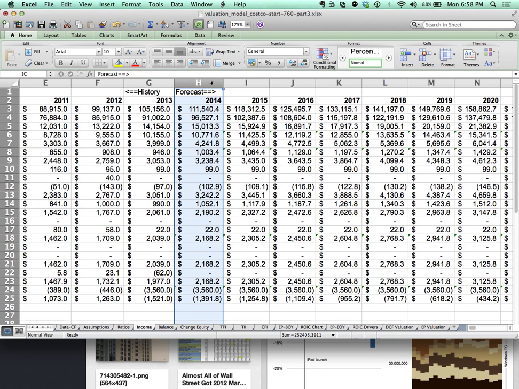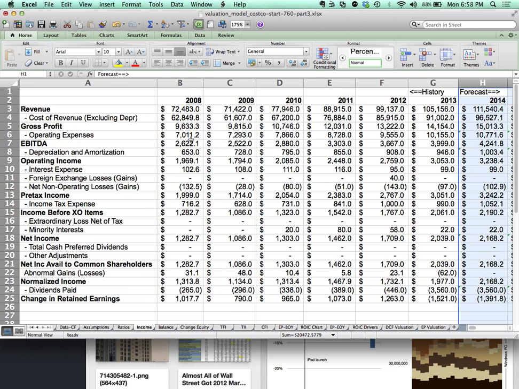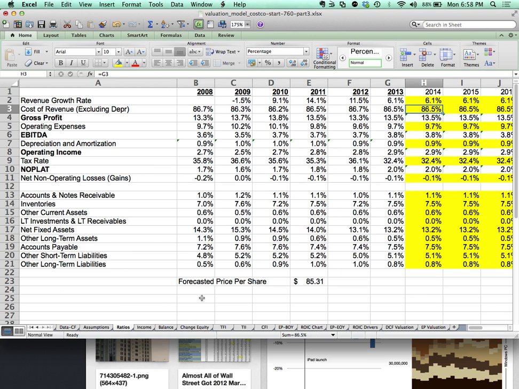And I told you for the first 2 years, we want to match the consensus estimates. So in this case, we're going to use the consensus estimates for the first 2 years and put that into our model. Now here's the other thing: we can't put them in this screen, so we have to put them in the ratio screen. Because remember, the forward ratios create the forward financial statements. So what we're really going to adjust is the ratios.